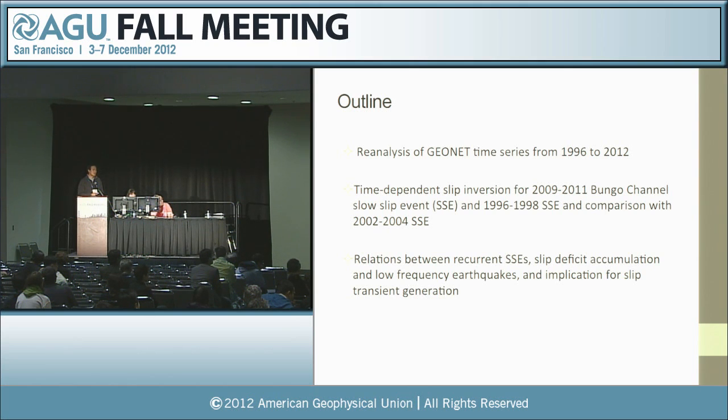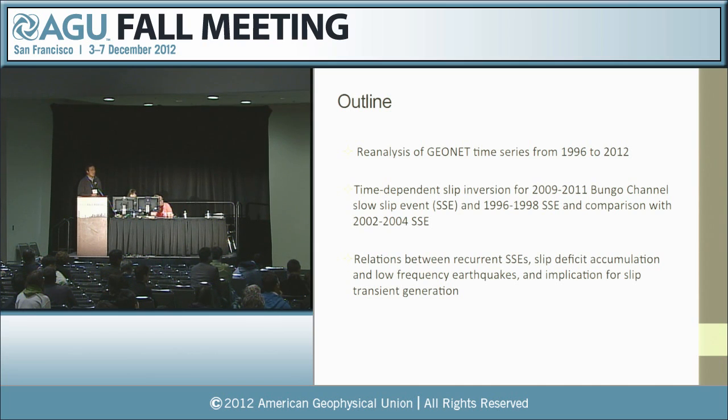Then I'm going to show you the time-dependent slip inversion results for the 2009 and 2011 Bungo Channel slow slip events. Based on the improved GPS time series, we can also revisit the old slow slip events from 1996 to 1998, and compare with the one we have studied, 2000 to 2004.